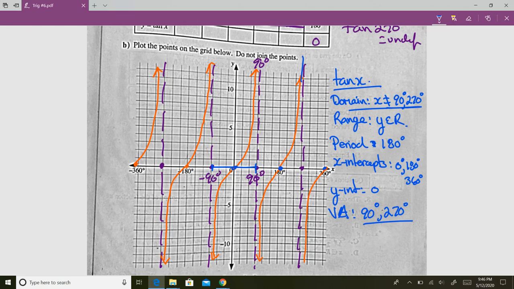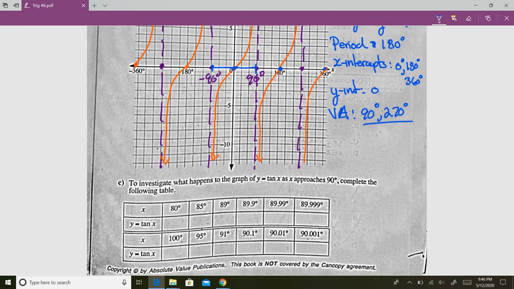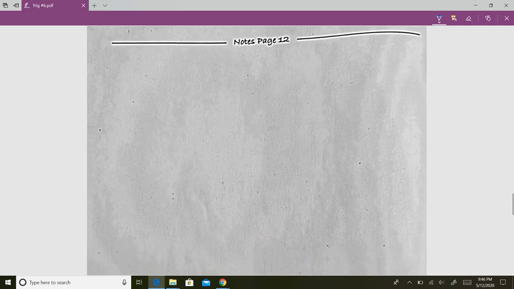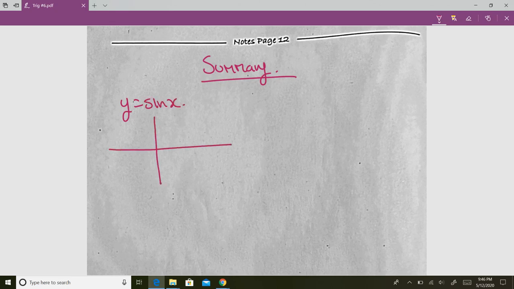All right, so what do I expect you to remember from these 3 graphs? Well, here's our notes page, the summary. Okay, this is all you need to remember. One, you need to know how to sketch these graphs. So if I say sketch the sine graph, you need to commit to memory, so write it out a bunch of times. If I say sketch the sine graph, you need to be able to go, okay, I know it starts with 0, looks like that.